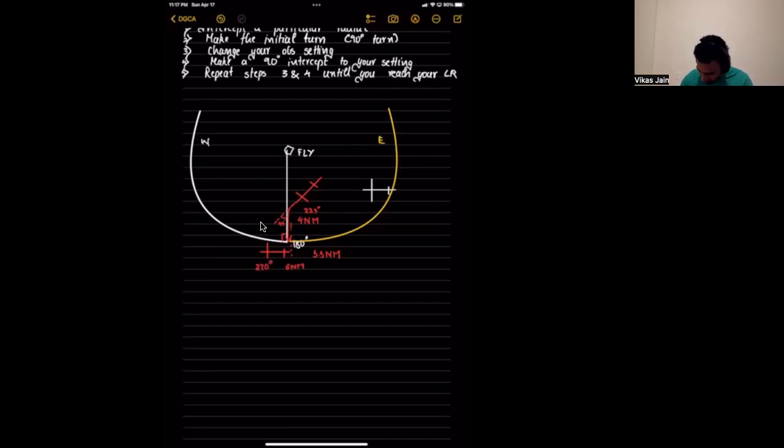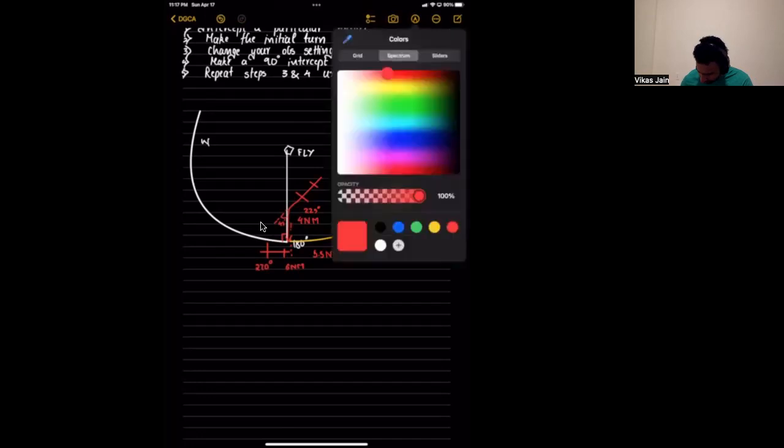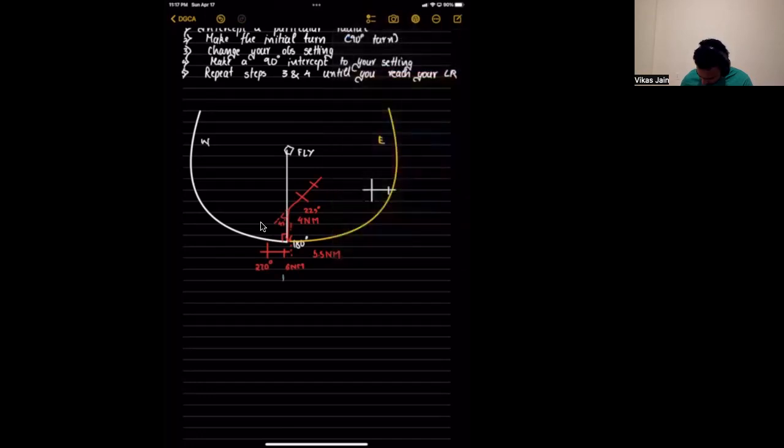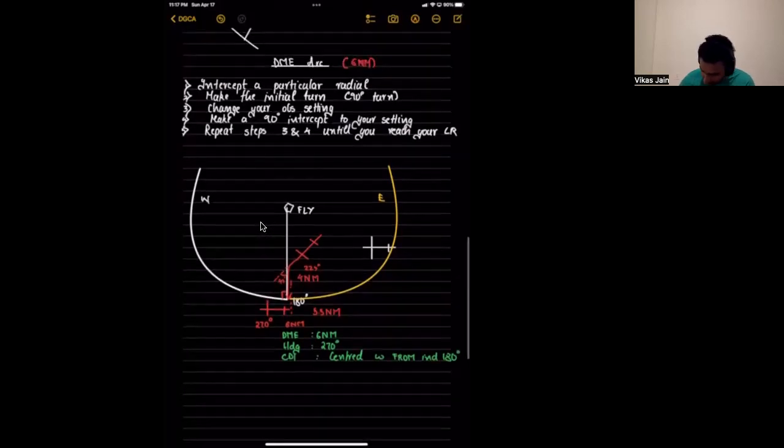At this point, your DME will be showing 6 nautical miles. Your heading will be showing 270 degrees, and your CDI will be centered with the from indication 180 radial.